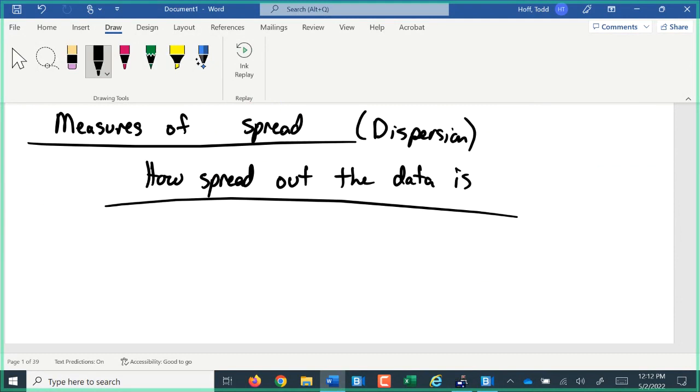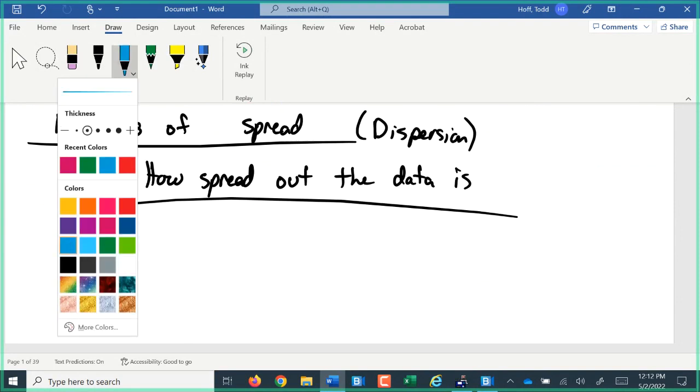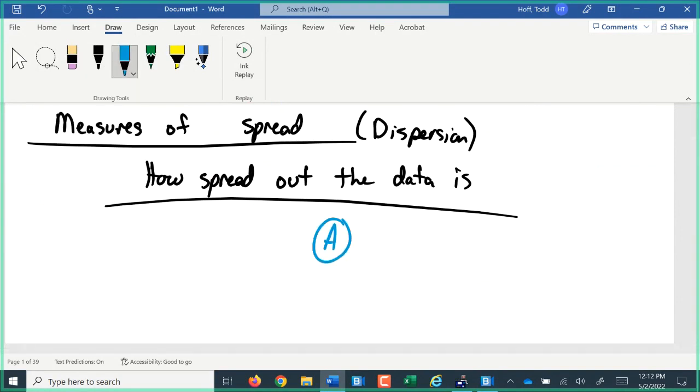And really, one way we can look at measures of spread is to look at those dot plots again. If I have two sets of numbers, set A and set B.